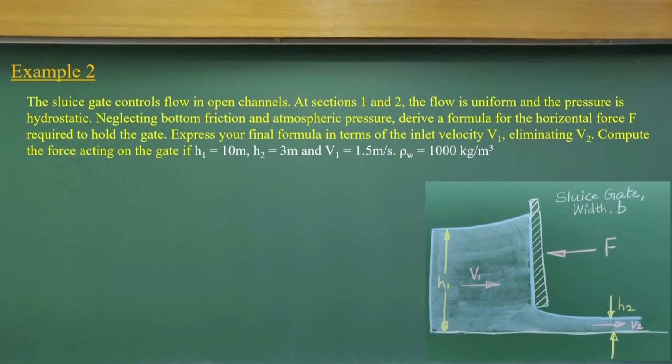If the numerical values are that the upstream flow depth H1 is 10 meters, H2 is 3 meters, V1 equal to 1.5 meters per second, and the density of water is 1000 kg per meter cube, then what will be the force? First we will solve the problem, write the final expressions, then we will substitute the values.